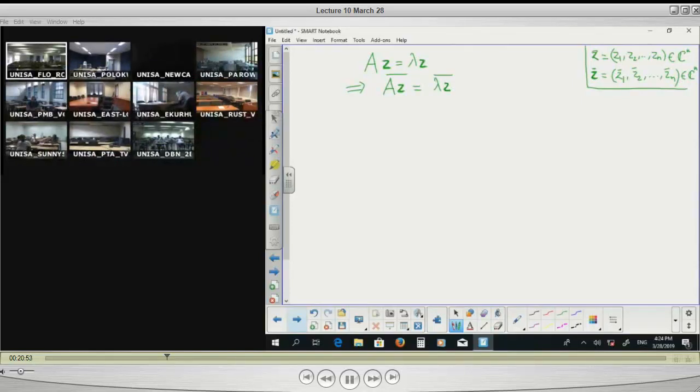Suppose A is looking like this, then Az is A11 times Z1 and so on.